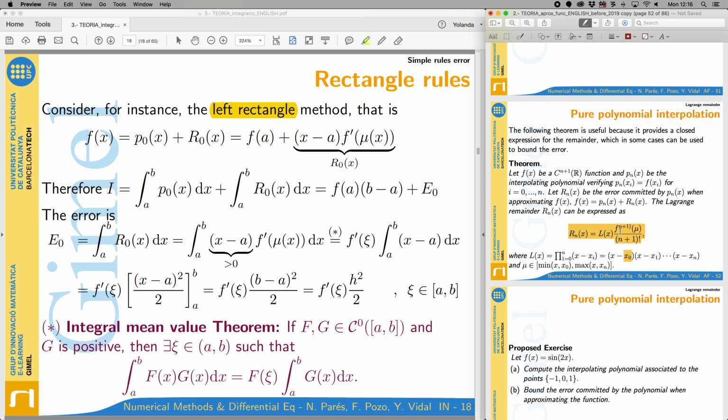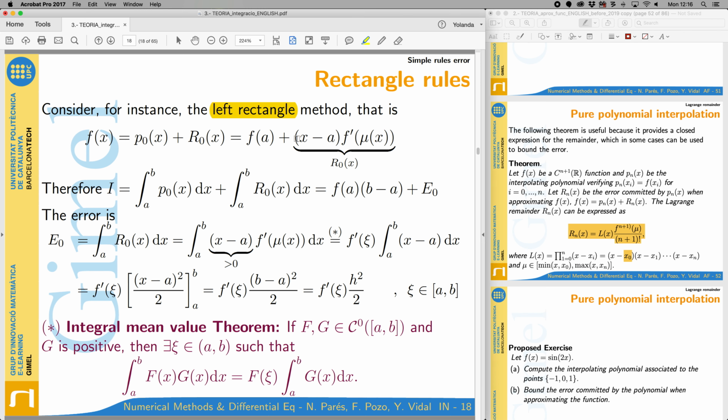And then, as n is equal to 0, I have the first derivative of f at a point mu that I don't know. Then I divide by 0 plus 1, which is 1 factorial, and 1 factorial is 1. So that's the expression that I get for the Lagrange remainder when approximating the function by this degree 0 polynomial.